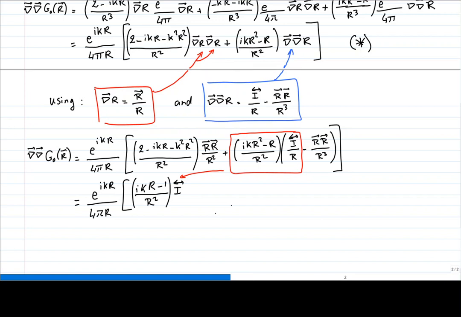And then the other two terms, you will see that they are a function of the outer product of r. So we just take this and factor out the other product, the outer product of r with itself over R to the fourth. You will see that we have R to the fourth coming out.